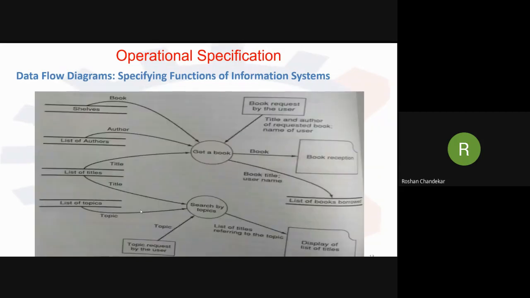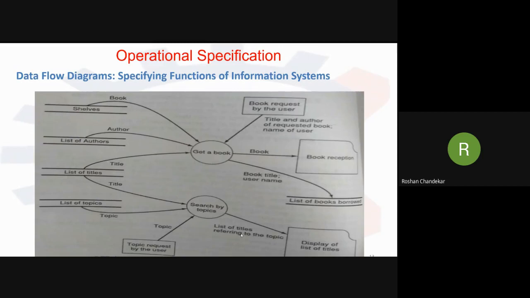So look at the DFD here. This is my DFD. This DFD is used to represent what? The library information system. This generalized DFD is for the library information system. The data and the function are shown as computer data and computer function.